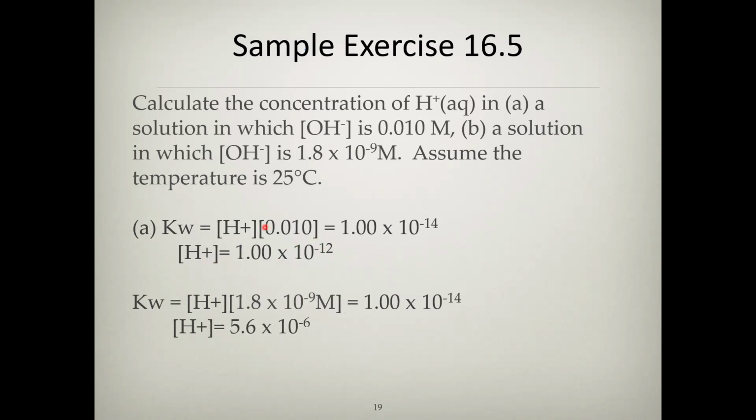So this would be a basic solution just because we've got a higher concentration of that OH minus. And then with the second one, we see just the reverse. We're going to have a higher hydronium ion or hydrogen ion concentration. So in this case, we'd have an acidic solution. But again, we can solve for the hydrogen ion because the Kw here, at least at 25 degrees C, is going to be 1 times 10 to the negative 14th.